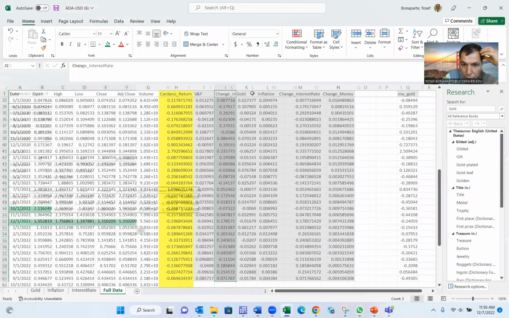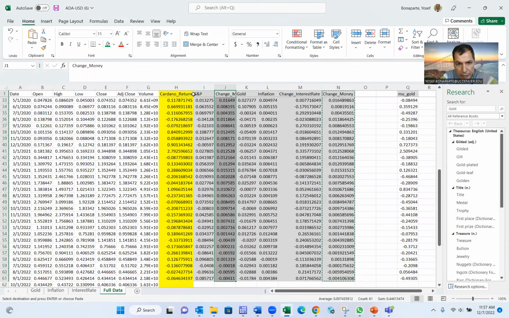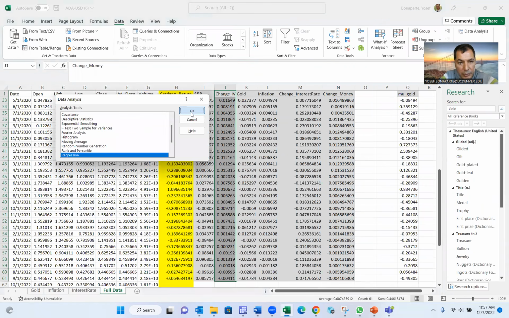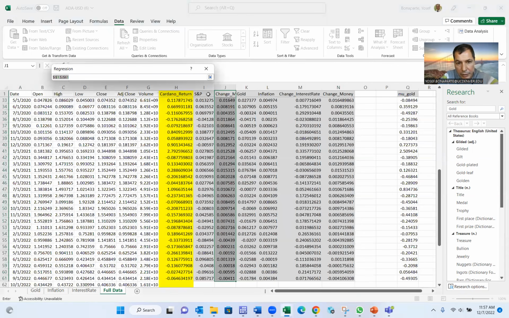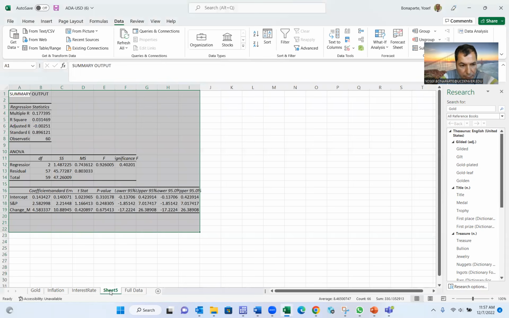Finally, one more left, which is money supply. Copy. Again, we're going to do the same regression, data analysis, regression. My X is S&P and money supply. And boom, money supply.